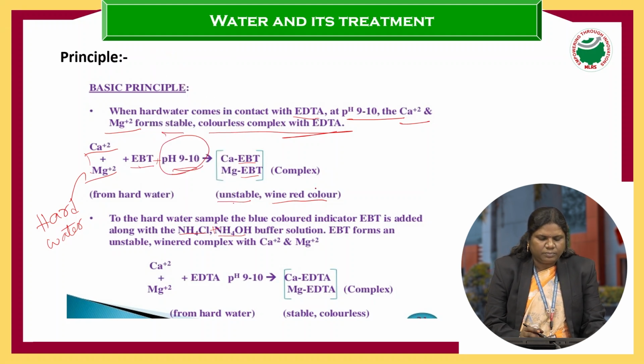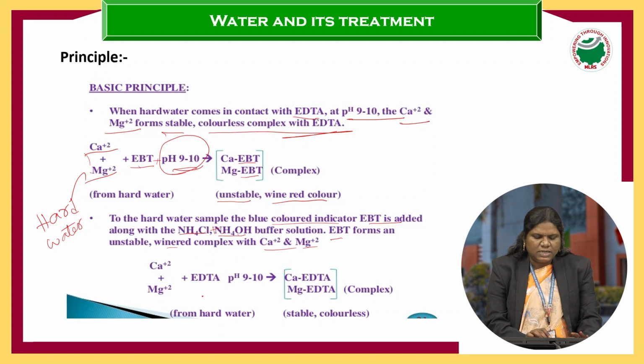Afterwards, to the hard water sample, the blue color indicator EBT is added along with the ammonium chloride and ammonium hydroxide, as I told. Thus, EBT forms an unstable wine red complex with calcium and magnesium. After that, the unstable wine red color is obtained. This unstable wine red color is titrated against the EDTA, ethylene diamine tetraacetic acid, which is taken in a burette.